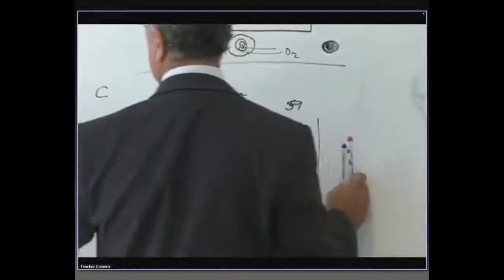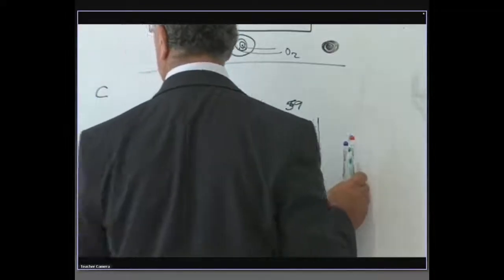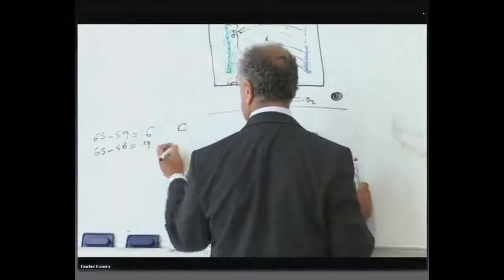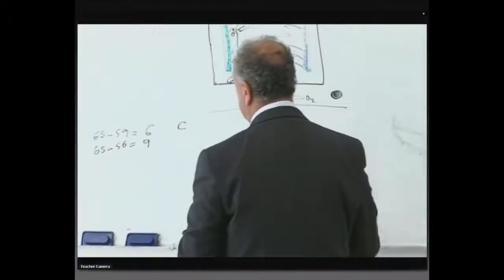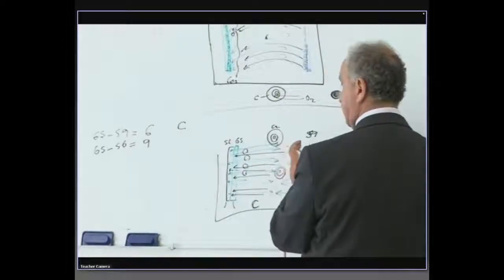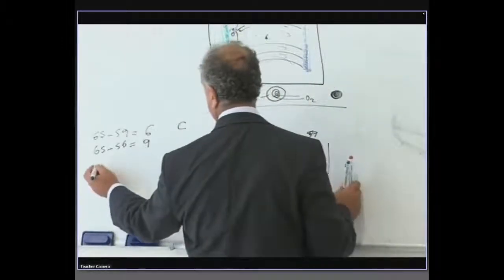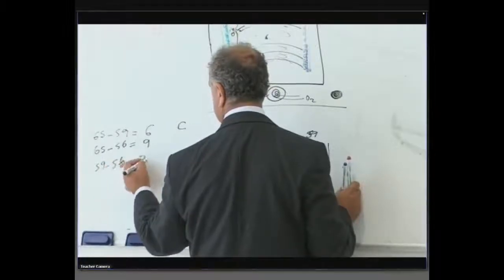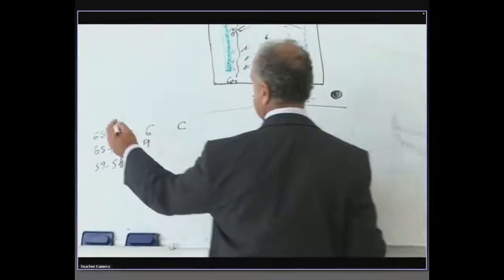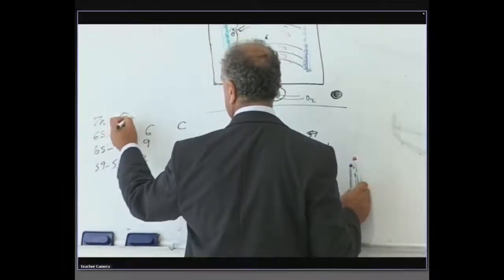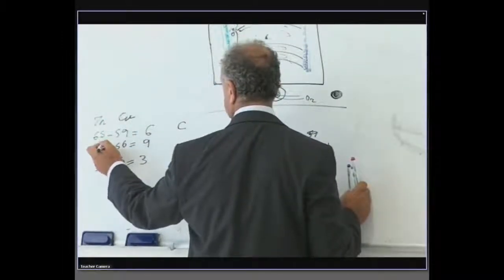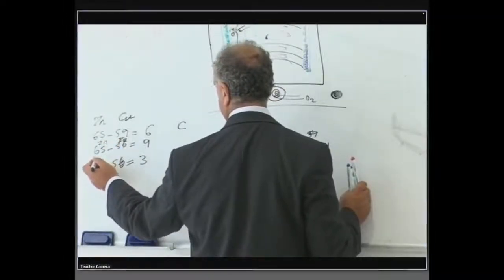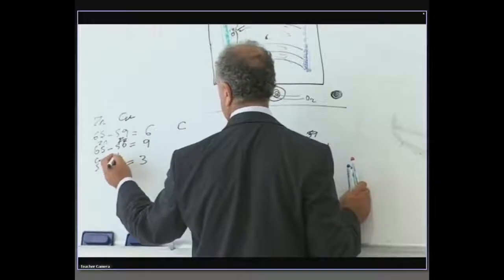You have 65 minus 56, which is 9. Then you have the 59 by 56, which gives you 3. This is zinc, copper, zinc, iron. Then you have copper, iron.